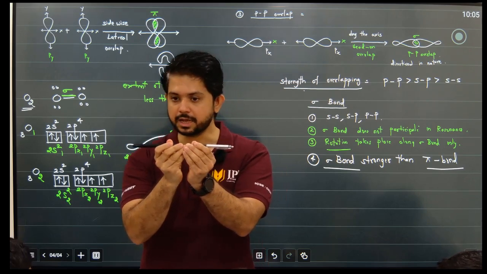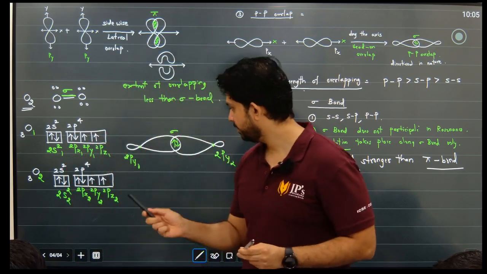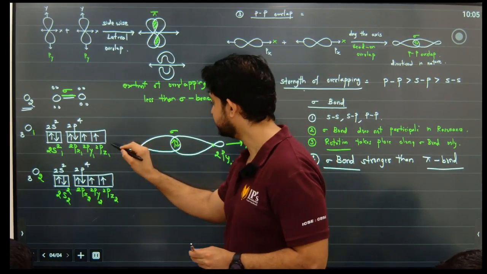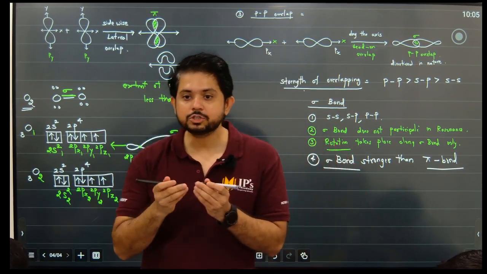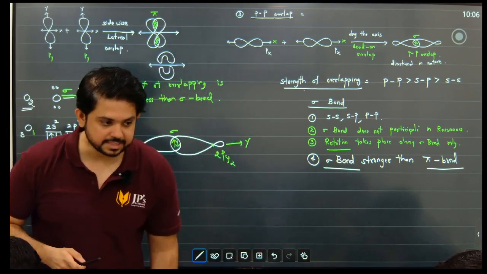Now understand this. Overlapping has taken place along which axis? The overlapping has taken place along the y-axis. Up next, overlap has to take place along which axis? Z-axis.